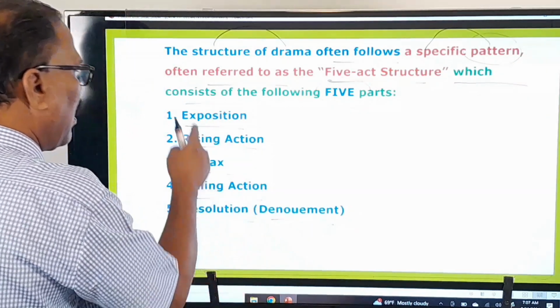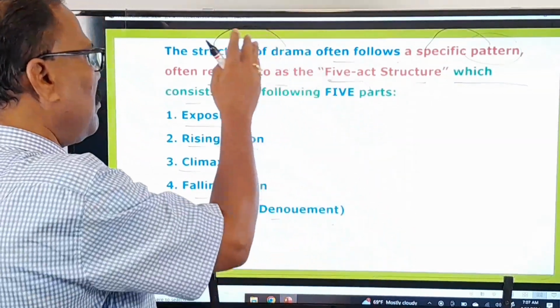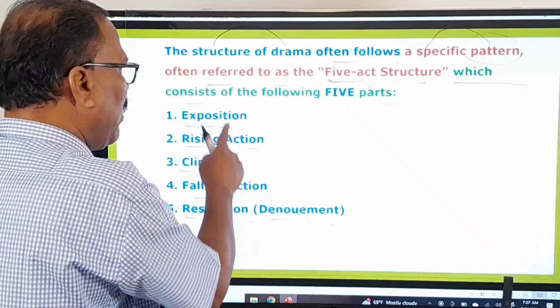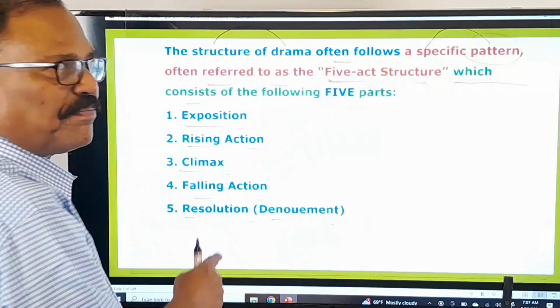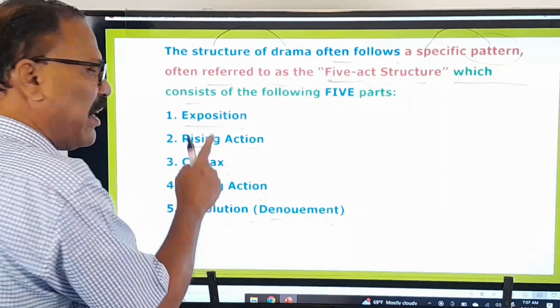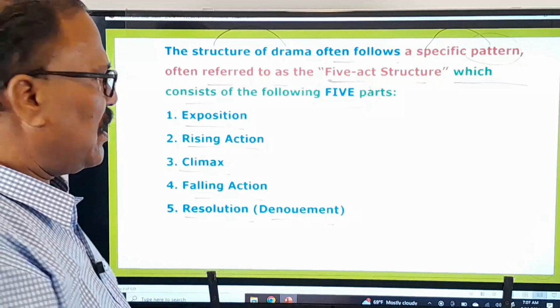So these are the five parts of a drama. These are called the structure of a drama, in other words also called the five-act structure. And now we are going to learn about each and every one of them very clearly with some examples. Very quickly, let us do that.